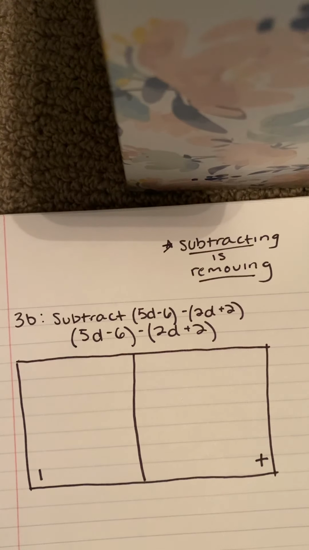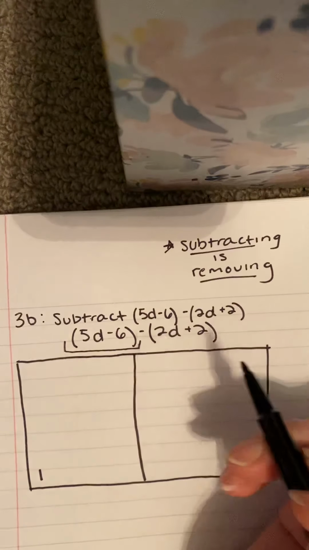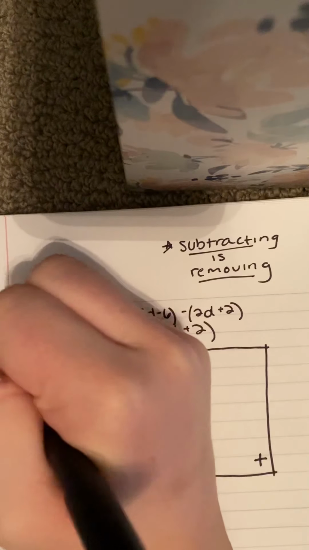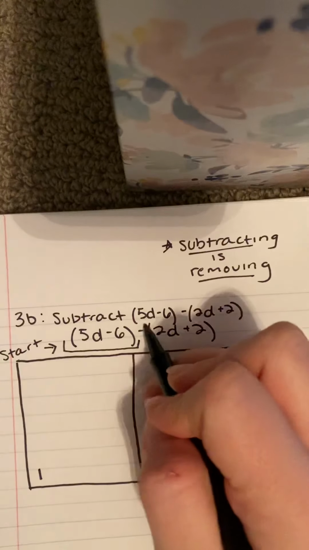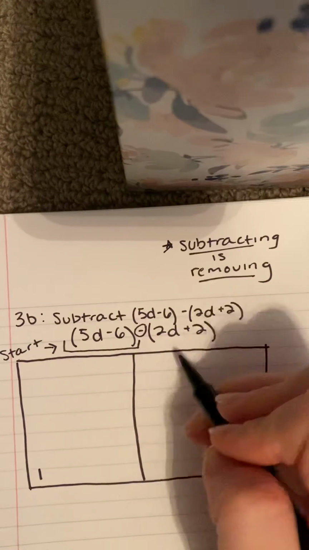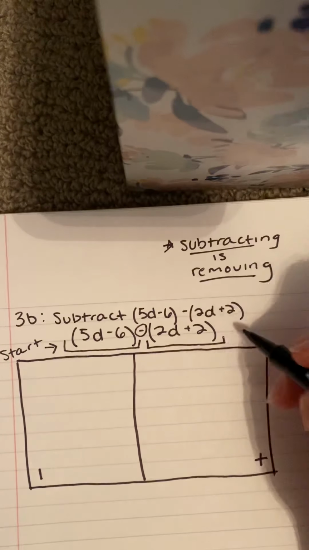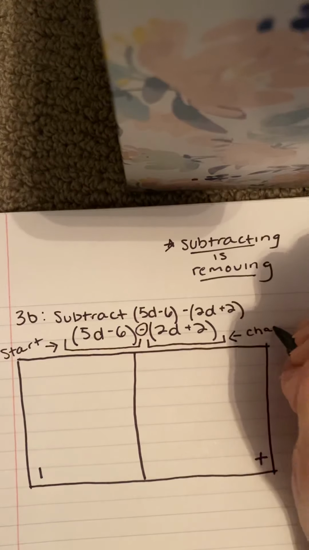So what we have first is this, 5d minus 6, and this is known as the start. So this is what you start with. And then this is the operation, which is subtraction. And this part of the equation is representative of the change.